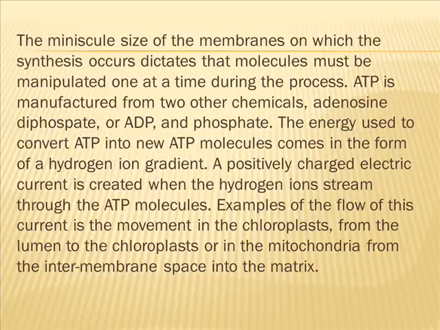A positively charged electric current is created when the hydrogen ions stream through the ATP synthase. Examples of the flow of this current are the movement in the chloroplast from the lumen to the stroma, or in the mitochondria from the intermembrane space into the matrix.